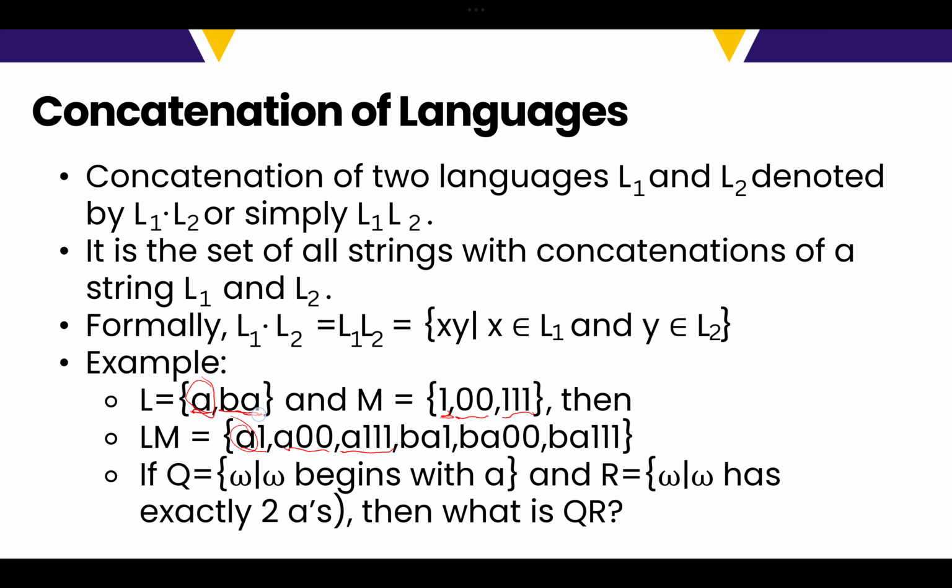Coming again from L, since we are done pairing A. So, BA1, done. BA00. Then BA111. Okay, that is the result. So, this is now the concatenation of L and M, the two languages L and M.